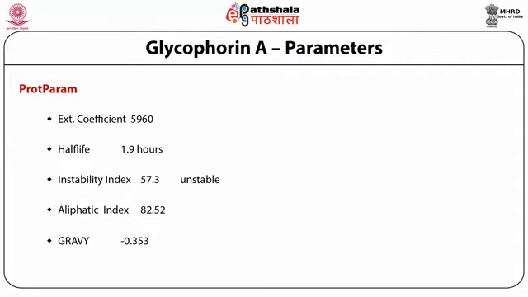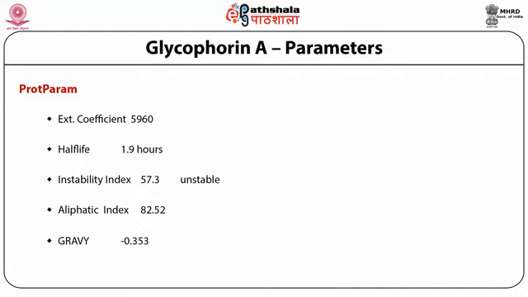The aliphatic index of a protein indicates the thermostability of globular proteins and is calculated from the relative volume occupied by small aliphatic side chains of alanine, valine, isoleucine, and leucine. For glycophorin A, ProtParam tool reported 85.52.